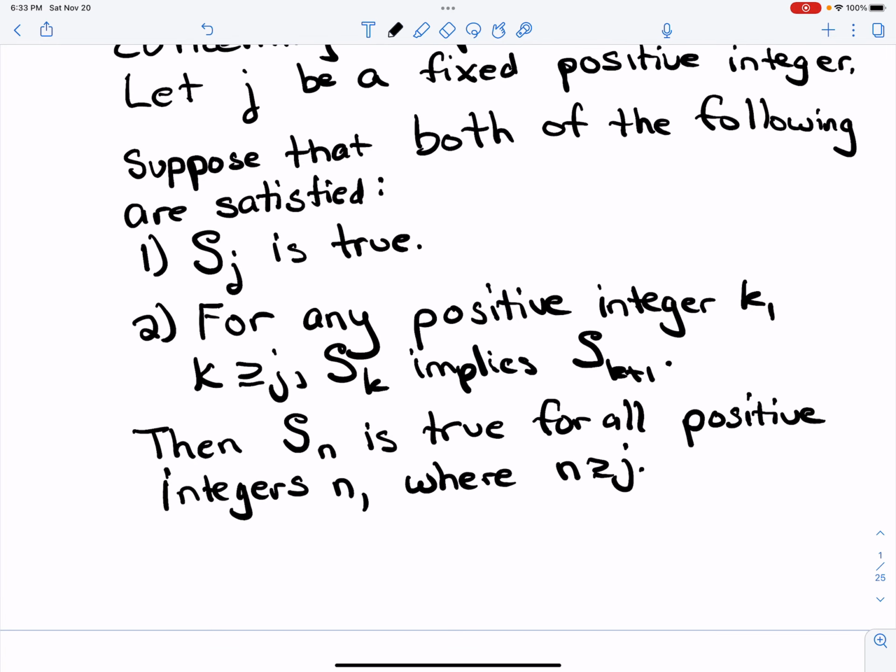Now your book starts out with a principle where instead of using J, it uses an S sub 1 and then a K less than or equal to n. I feel like it's confusing if I do that first and then do this second, so I just wanted to go ahead and use the generalized principle.